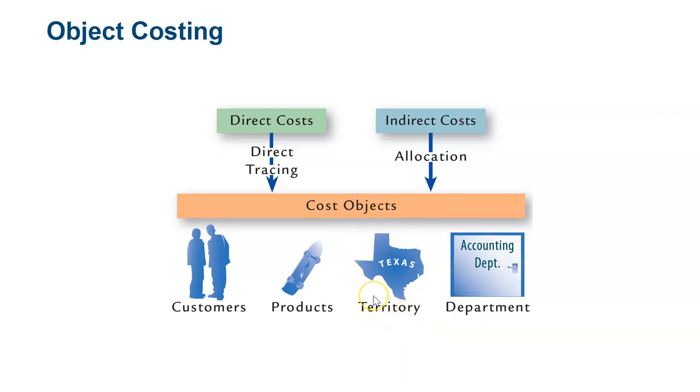They've given us the example of a state, but we might have another territory, one of the surrounding states, the accounting department, the finance department, marketing. You get the picture, okay? So with direct costs, very, very simple. This cost goes to this customer, but for indirect costs, we use allocation.